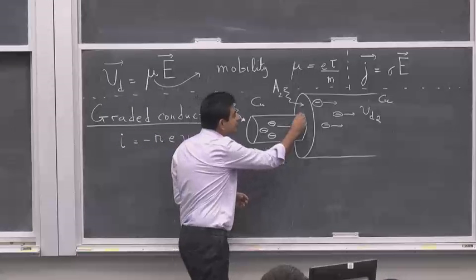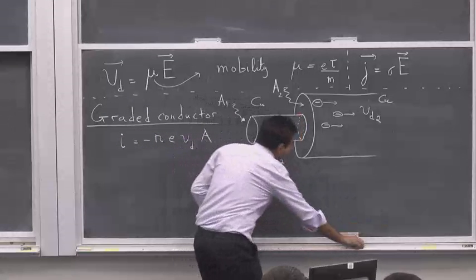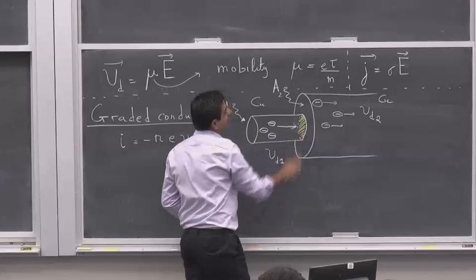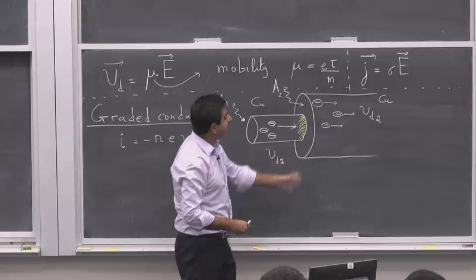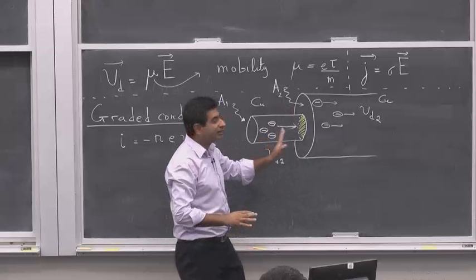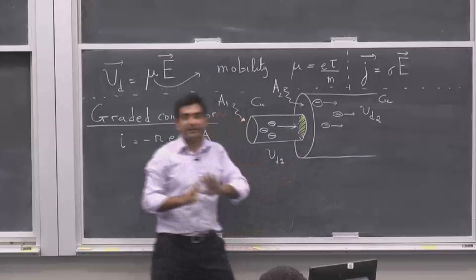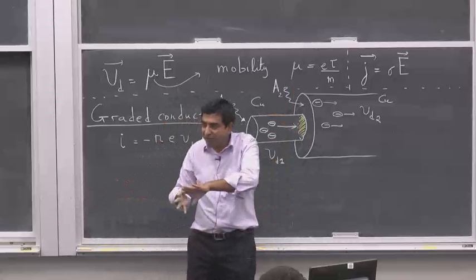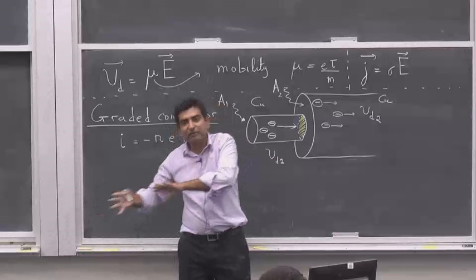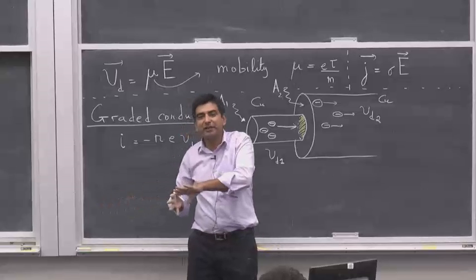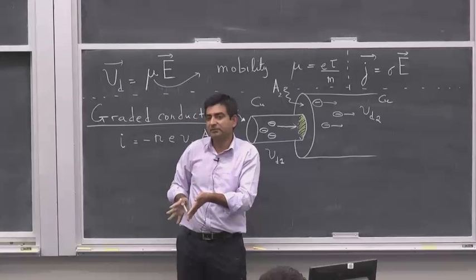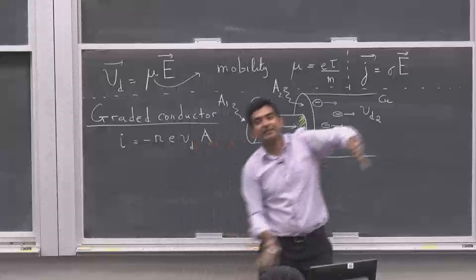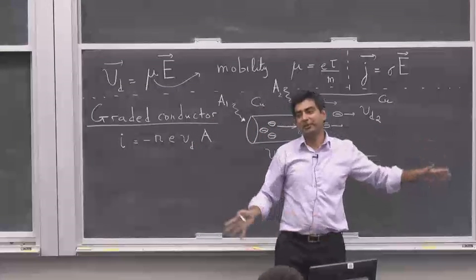There is certain cross-sectional area A1. But overall on this surface, the electrons are coming in at the interface. This I call the interface. The electrons are approaching the interface and a certain number of electrons are approaching the interface per unit time. That's the current. Then there are certain number of electrons that are leaving this entire interface per unit time.